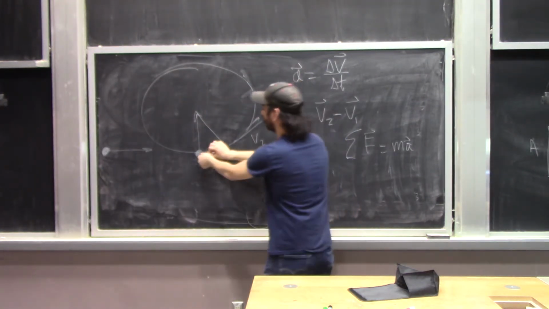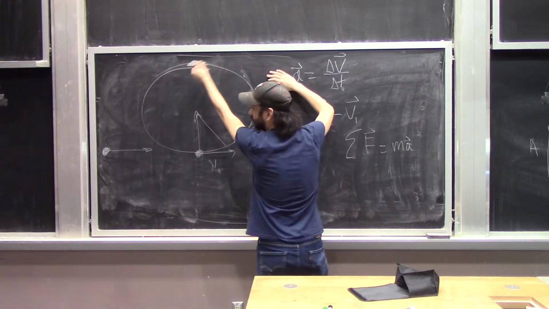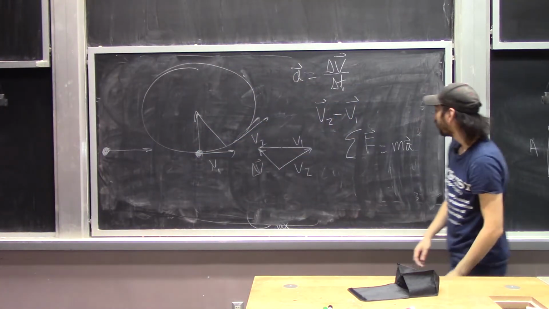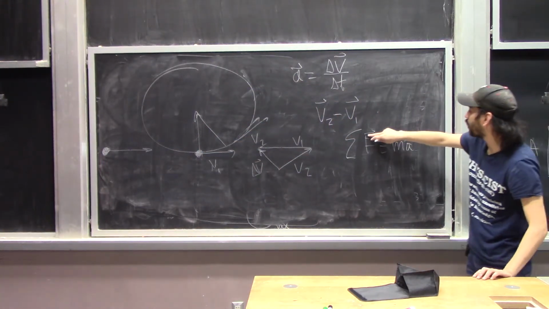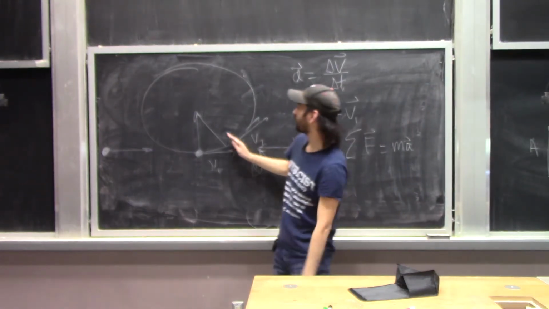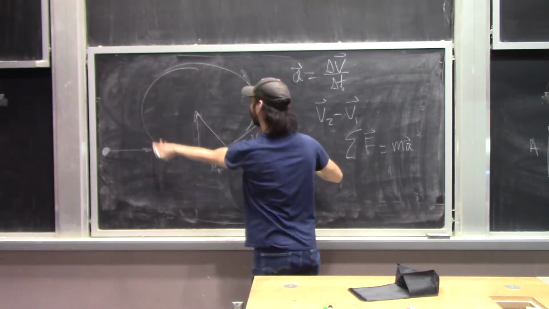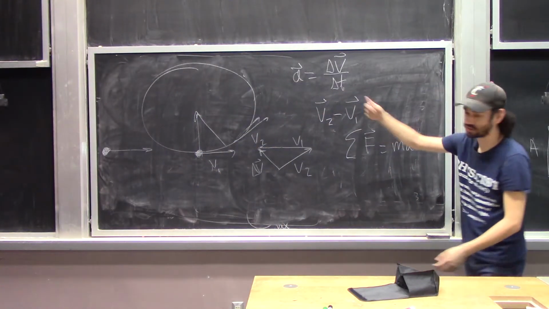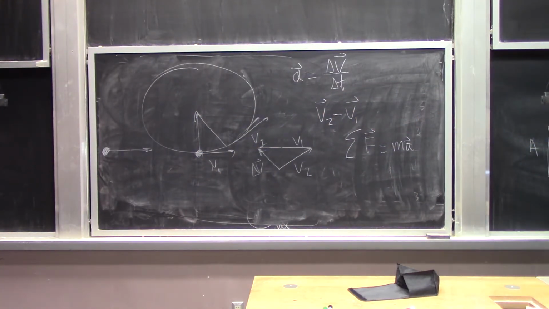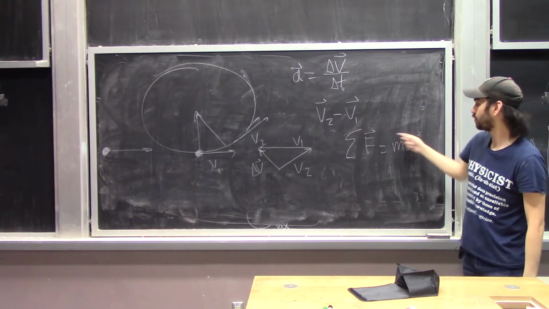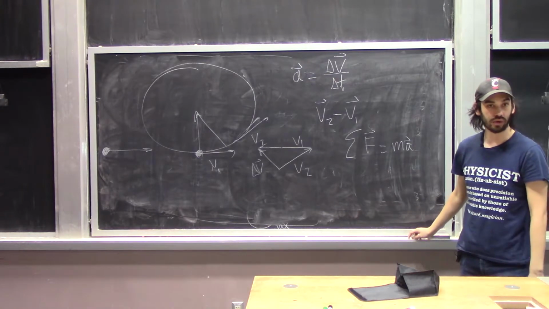Because the tangential velocity at every point is constant in this example. And so the only direction you could have an acceleration is towards the center of the circle, because that's the direction perpendicular to the tangent to the circle. And so that tells us in another way that our acceleration is towards the center. And then the force is going to be in the same direction as the acceleration, right? Okay, any questions about this?